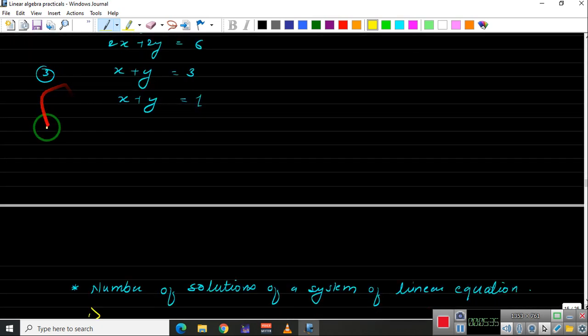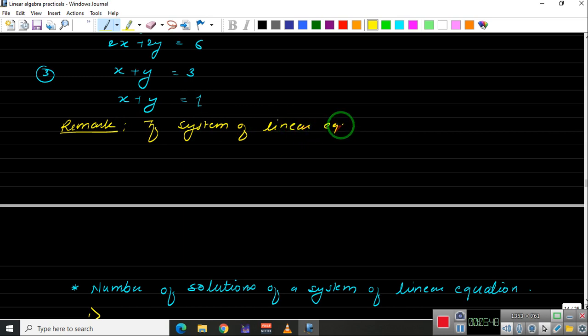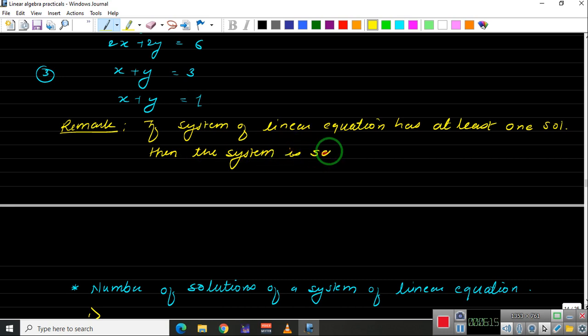If a system of linear equations has at least one solution, that means either one solution or infinitely many solutions, remember that, then the system is said to be consistent. Consistent means it will have a solution.